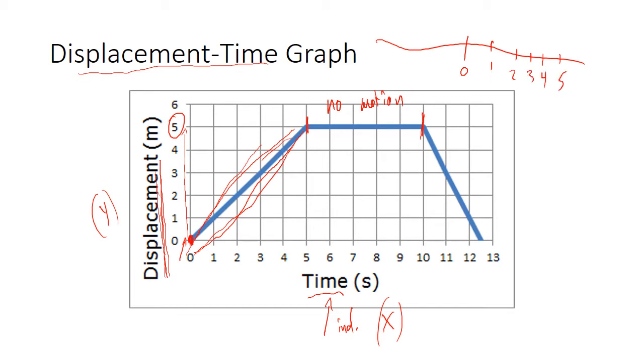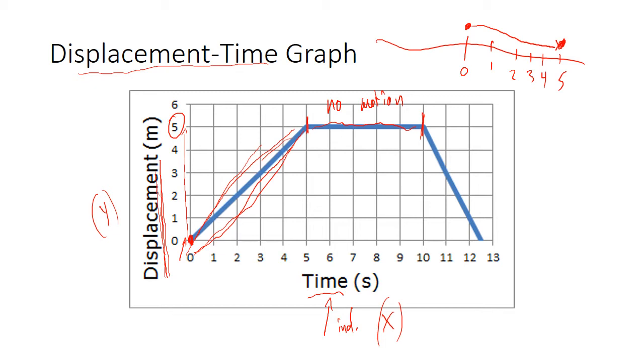In our first part, we started at 0, and then we walked up to 5, and it took us 5 seconds to do it. Now we're just sitting here, right? We're staying at 5. Nothing's happening here. So a flat line on a displacement time graph means that there's no movement occurring.